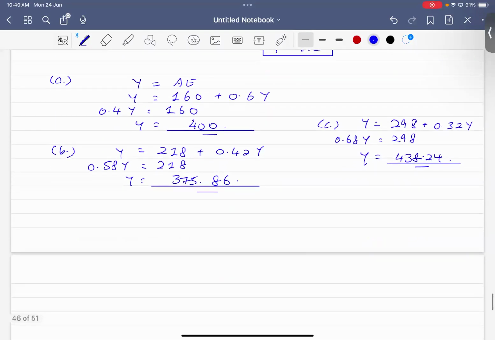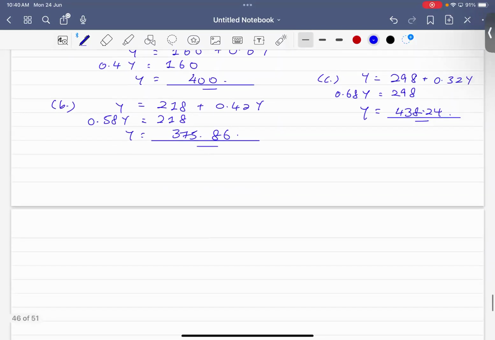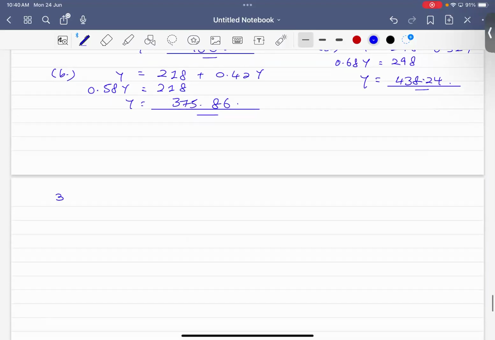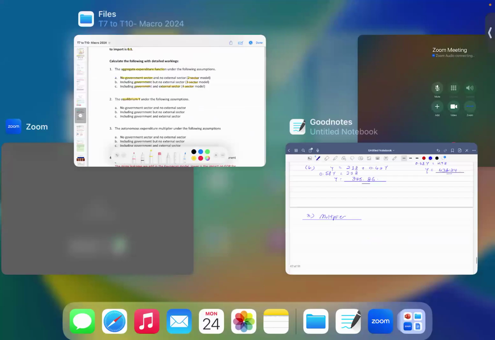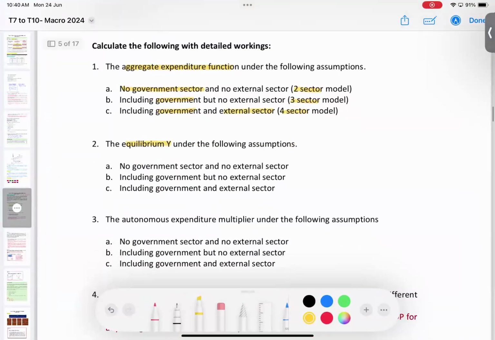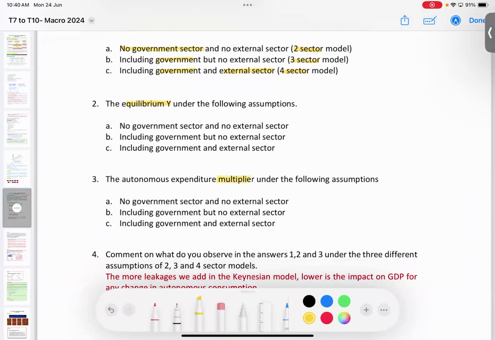Question 3. Question 3 is the one students always make mistakes on: the multiplier. Now, question 3, they ask you to calculate the autonomous expenditure multiplier under the following assumptions. Same thing for 2 sector, 3 sector, and 4 sector.